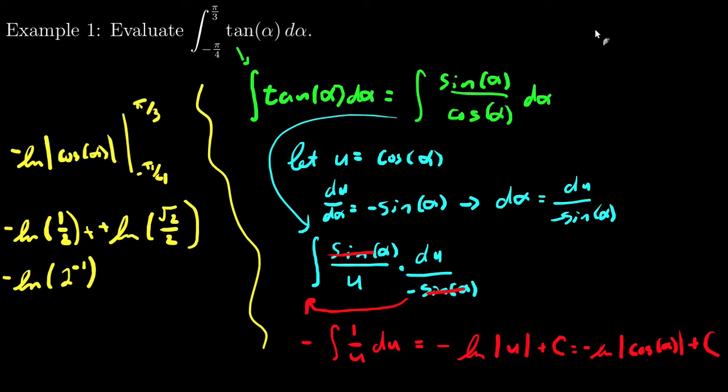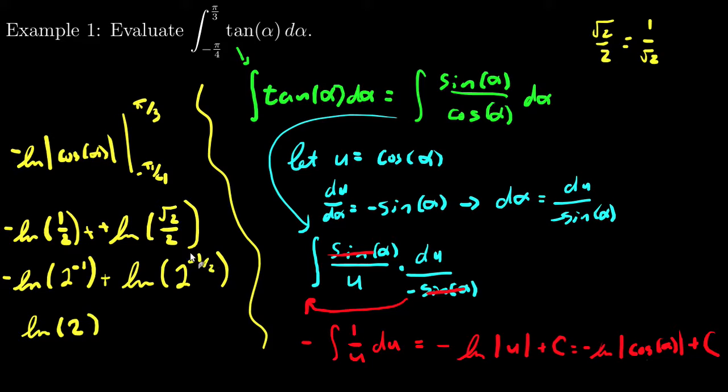And recall that root 2 over 2 is the same thing as 1 over root 2, which means this is really plus the natural log of 2 to the negative 1/2. Using my logarithm properties and bringing out this negative, I get the natural log of 2 minus 1/2 natural log of 2, which gives me the natural log of 2 all divided by 2.